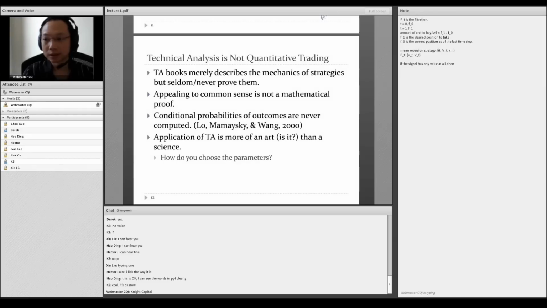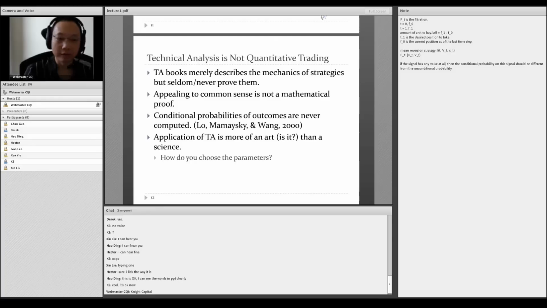So basically, if the signal has any value at all, then the conditional probability on this signal should be different from the unconditional probability, right? If they're the same, then it means conditioning upon a signal does not give you additional information at all. But as far as I know, the conditional probabilities of outcome for moving average crossovers are never computed.